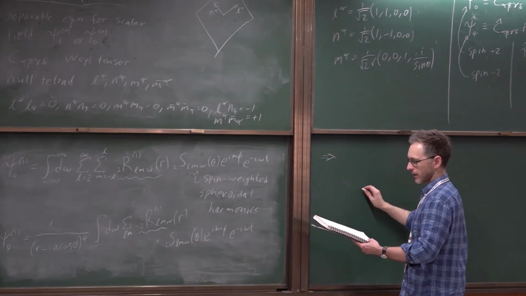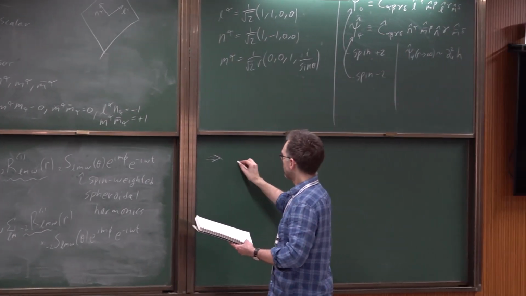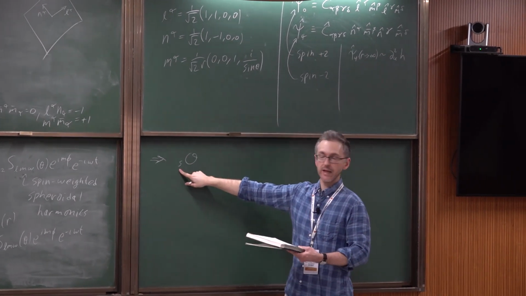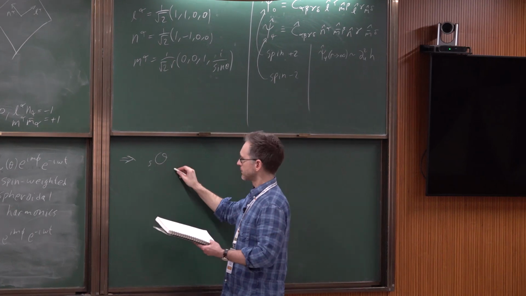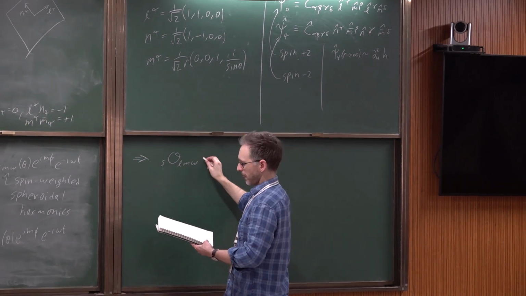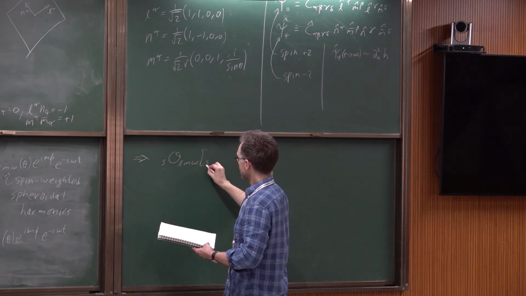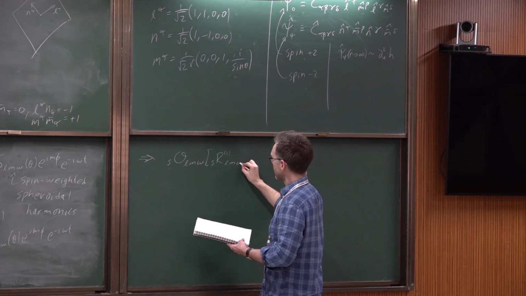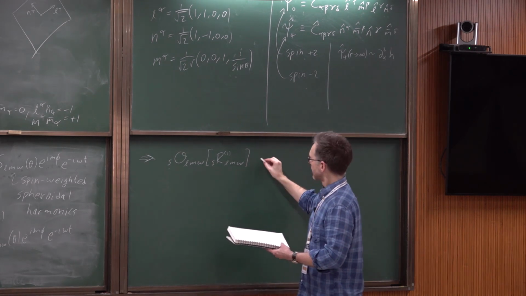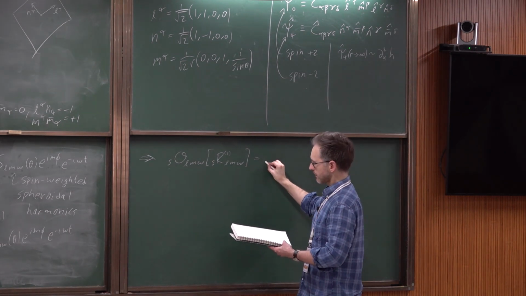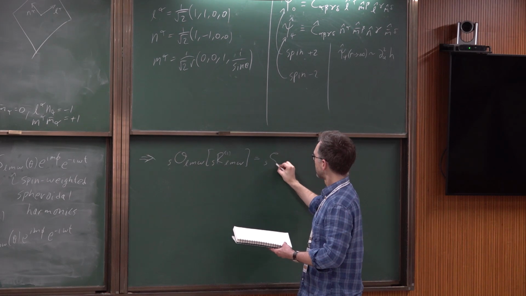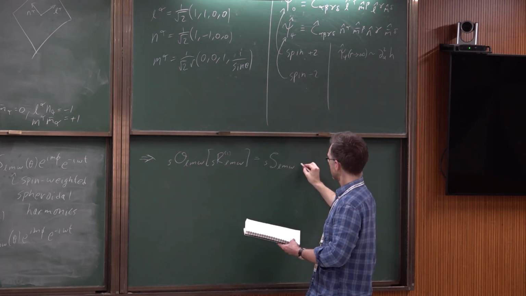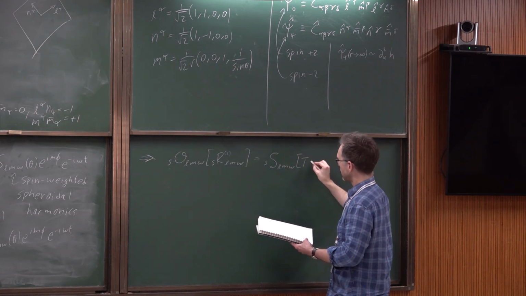Okay, so we get our radial ODEs, which I'm going to write in a combined form. I'm going to put a spin weight to indicate this could be plus or minus 2. This is acting on my radial coefficients, l m omega. And we have some source, l m omega, constructed from T1.